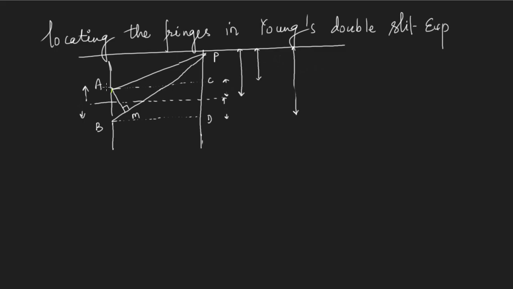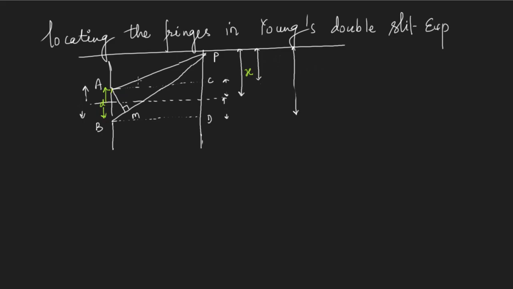Now I'm denoting these two waves by points A and B, and these two waves are superimposed at point P. Let us take the distance between the two slits as d and locate the fringe at P from the center O at distance x. We need to find this x in terms of known parameters d and theta.